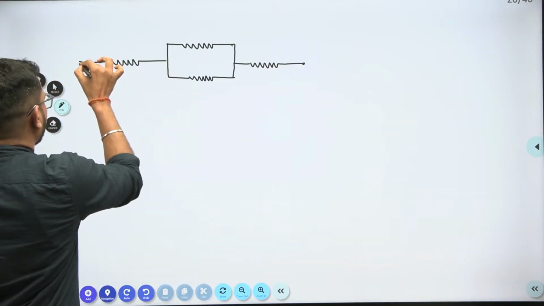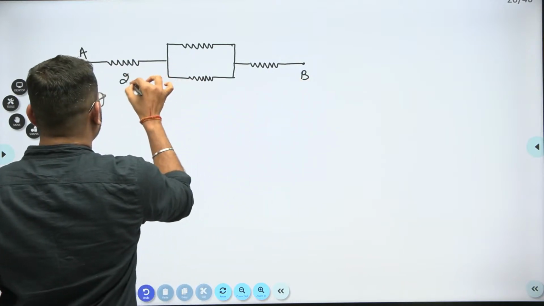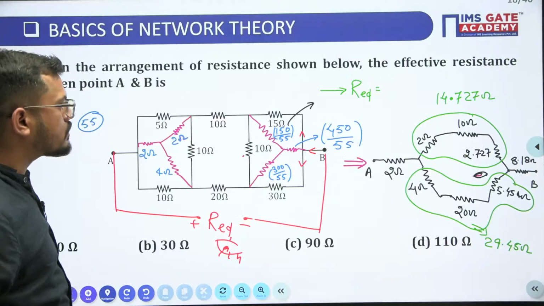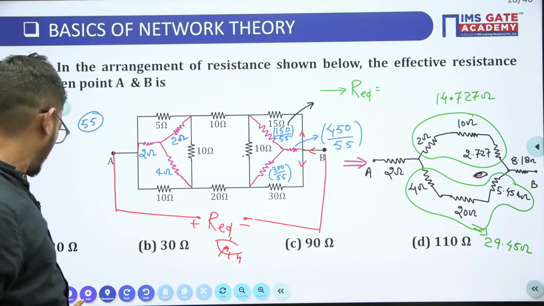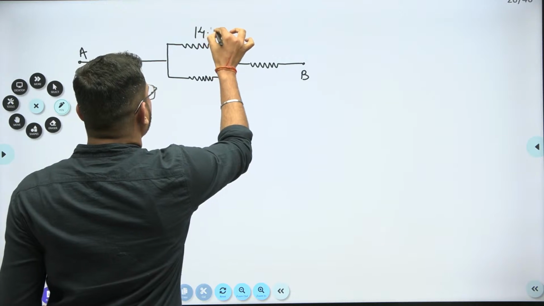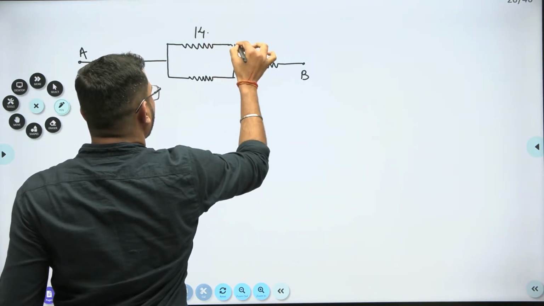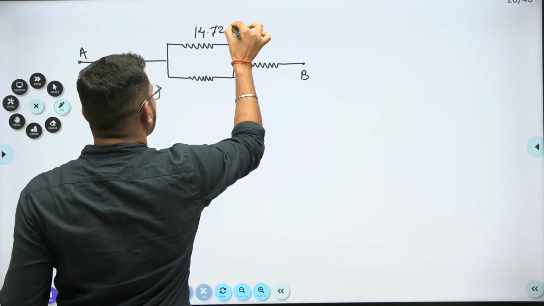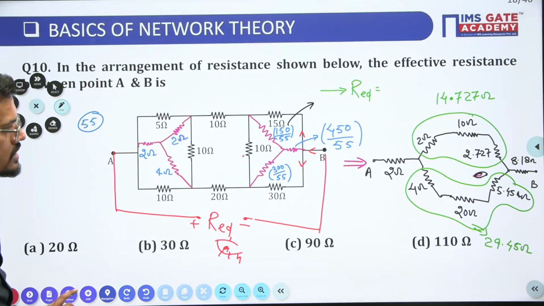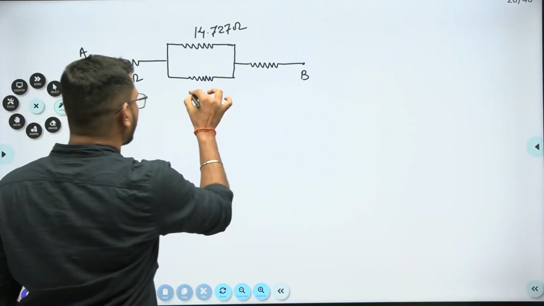This is terminal A, this is terminal B, this is 2 ohm. The value of this one is 14.727 ohm. And what about this one? This is 29.45 ohm.